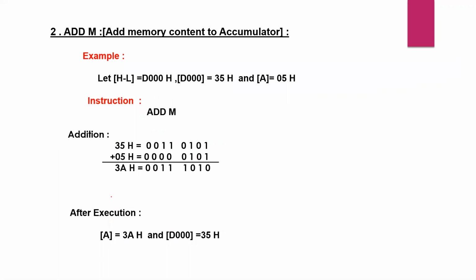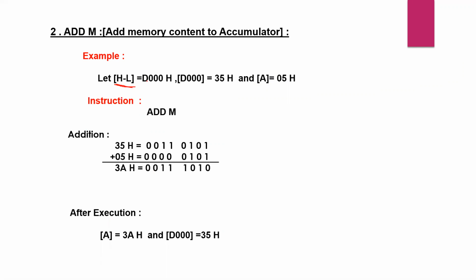Now next instruction is ADD M, that is add memory content to accumulator. In this instruction, the content of accumulator are added to the content of memory location, whose address is stored in HL pair and the result is placed in accumulator.